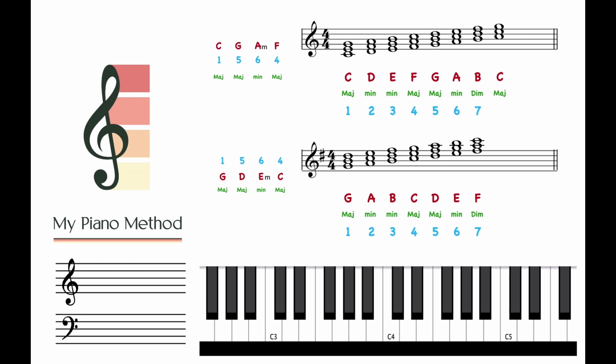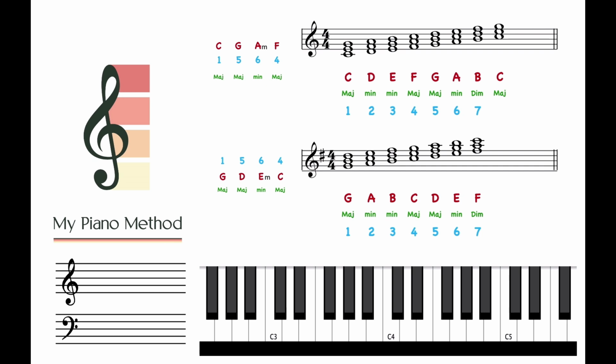So if I play it in C major and then G major, you can hear the difference. So this is C major. And this is G major. Now I am switching up the chord inversions when I play these.